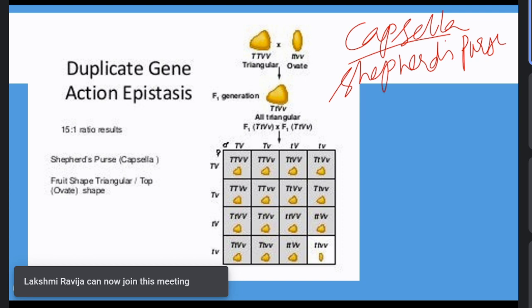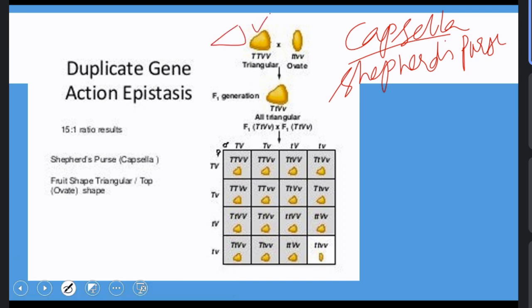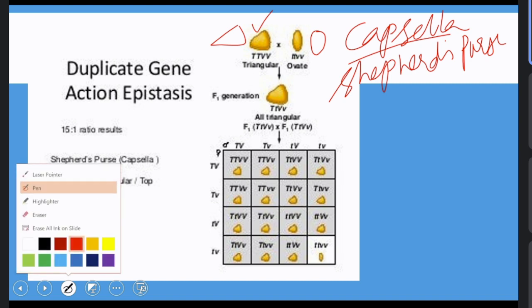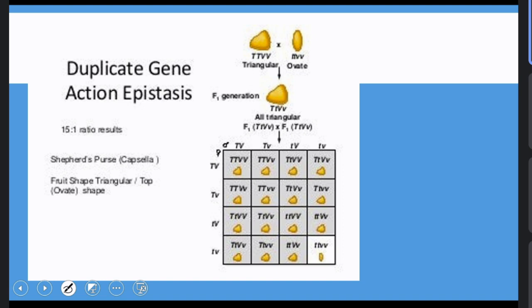One is triangular in shape as shown here. The other is elongated or oval or ovate in shape. So the fruit shape in shepherd's purse, Capsella, is of two types, triangular and ovate shaped. We also call it top shaped. It looks like a top that we play with.